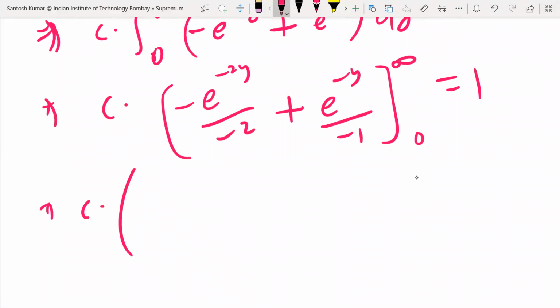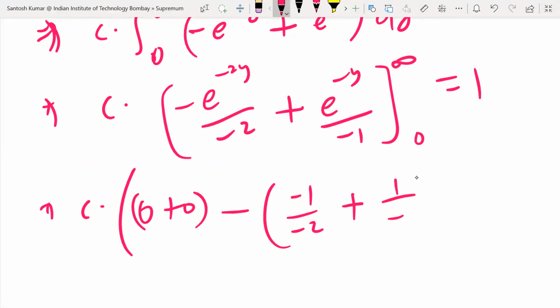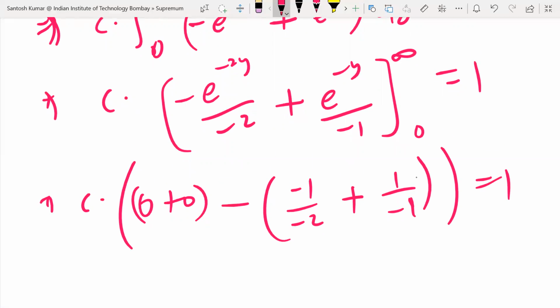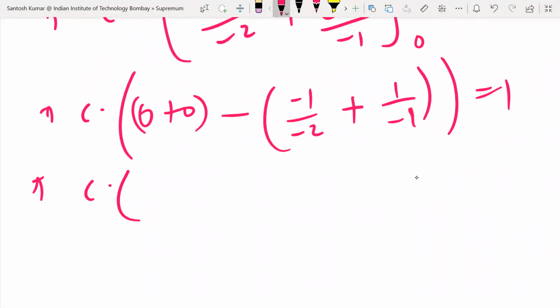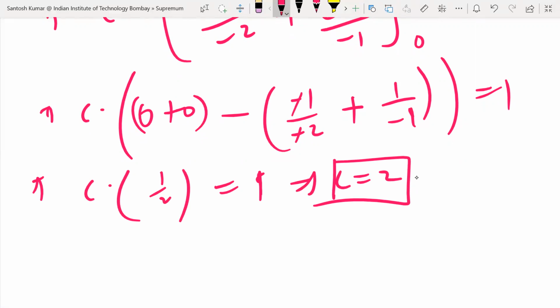First put infinity: e^(-infinity) is 0, so 0 plus 0, minus the value at 0: minus 1 upon minus 2 plus 1 upon minus 1. After simplification, the minus signs cancel and we get c times (1 minus 1/2), which is c times 1/2 equals 1. So c we get is 2.